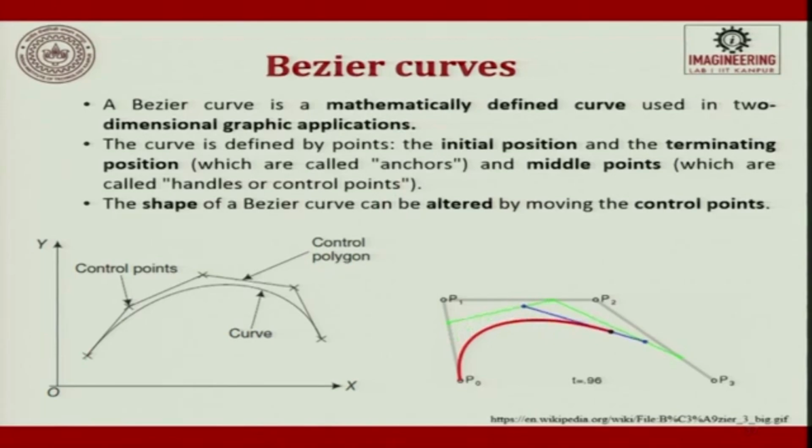For example, if you want to draw this curve, you will have a start point and an end point. That end point is called the terminating point. If you put a start point and an end point, you can draw a straight line, and this is also a straight line which takes a different route.